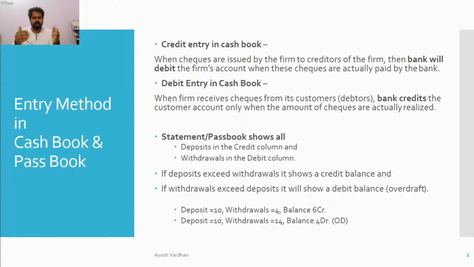He is your debtor or customer. He is paying you something. So you will make that a debit entry in your cash book. But in the passbook that is a credit entry. Okay.